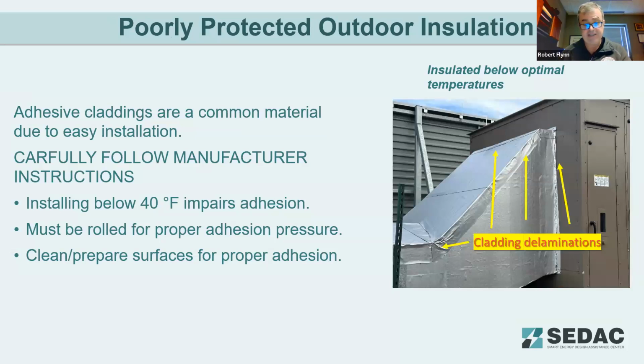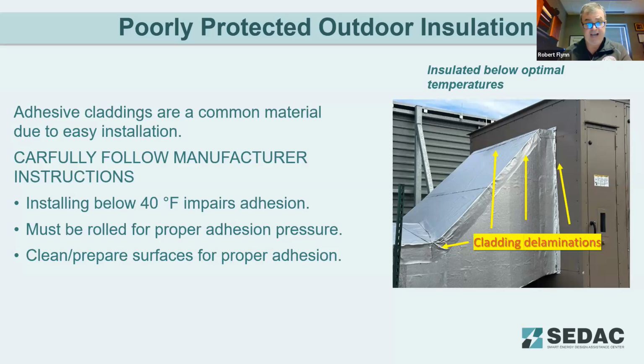One of the things that we see is a VentureClad, it's called. It's a cladding that goes on the outside of ductwork. It's been replacing metal from previous jacketing applications. The problem with this system is that it has to be installed at temperatures above 40 degrees Fahrenheit.